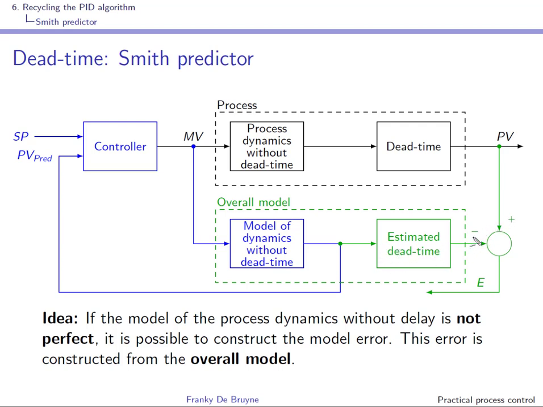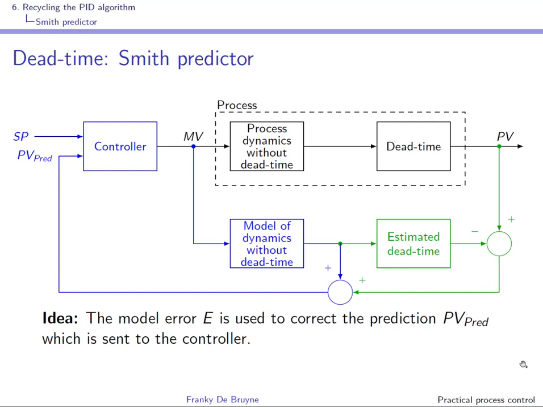By taking this difference here, we'll be able to see that there is a disturbance acting, and we'll see, even if there are no disturbances, that we have a problem with the model, that the model is not an exact representation of the actual system. So this error we'll now have to use in our Smith predictor scheme.